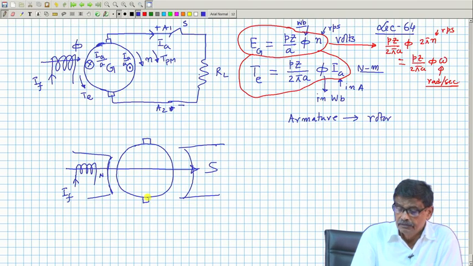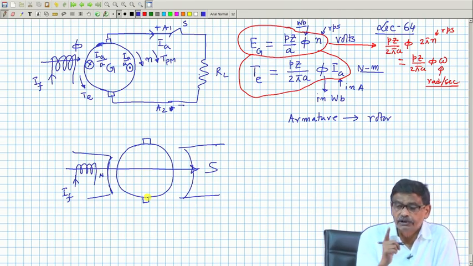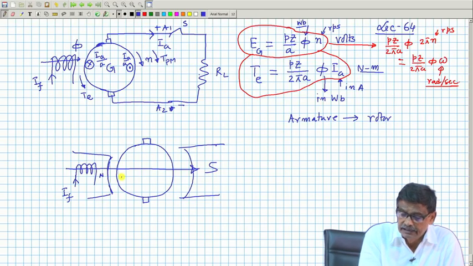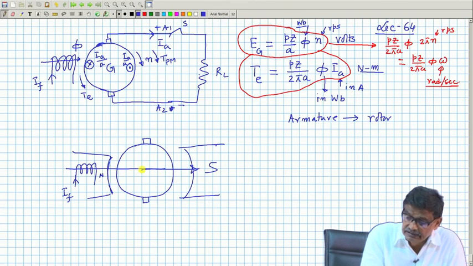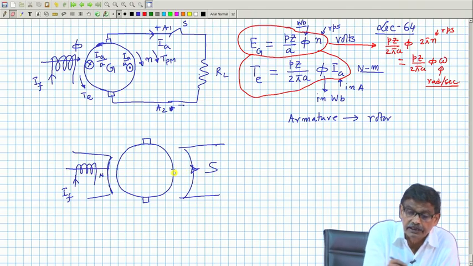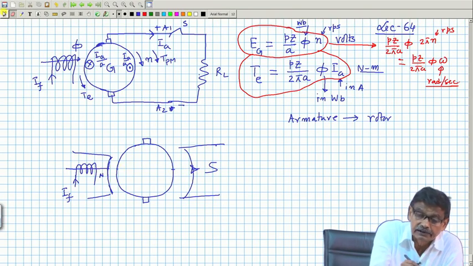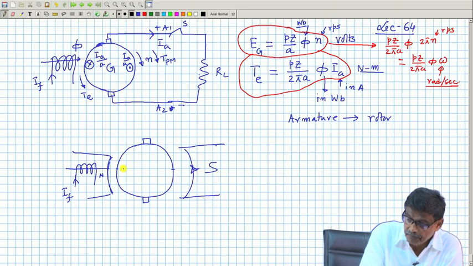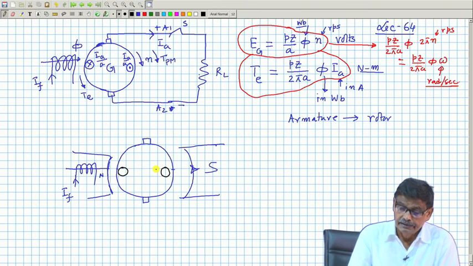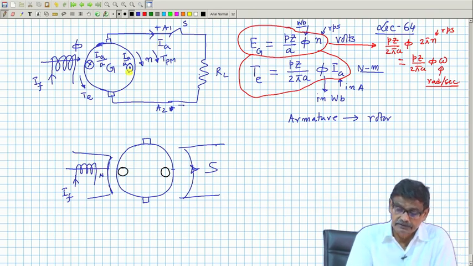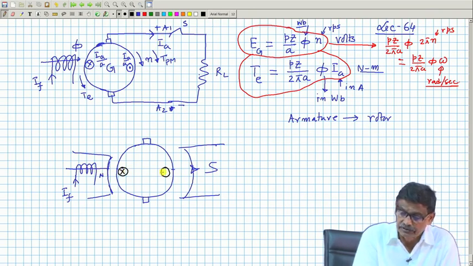Now, if the armature carries current, under what condition will it carry current? When you want to draw power out of the generator, this IA. These are the lines of force. We understand this is north, this is south. So, armature conductors will be here. If the armature current is IA, armature conductors have to carry current cross or dot, applying the right hand rule.